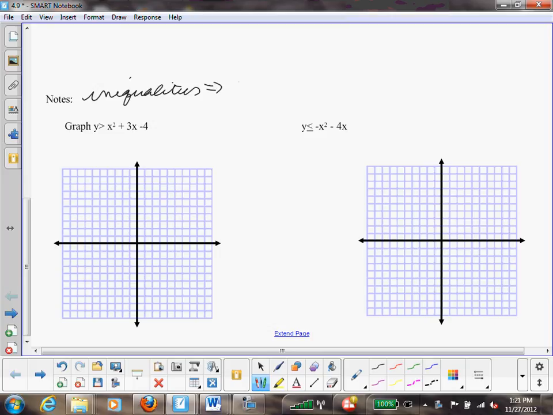And that implies shading. With my parabola, I have only two options, just the way I had options with absolute values: either inside my parabola or outside. And I've got to be careful.